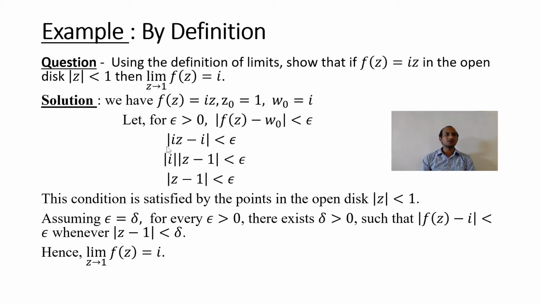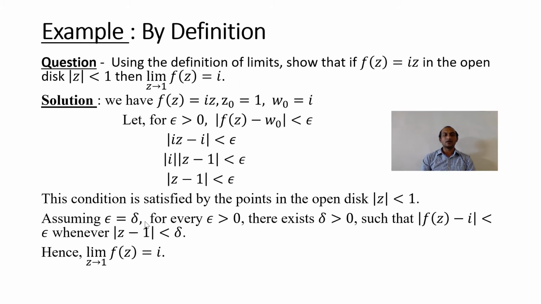Now i is common in both iz and i, so take it outside with modulus, and mod i is 1, so mod of z minus 1, we get mod z minus 1 less than epsilon. This condition is satisfied by the points in the open disk, because here the given set of points is in the open disk mod z less than 1.